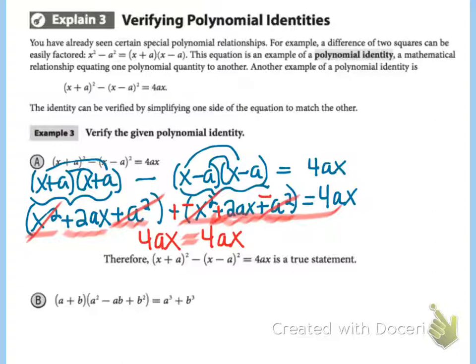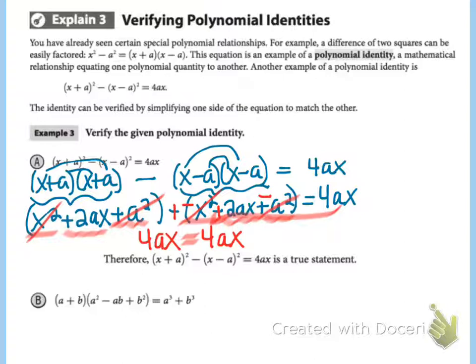So that would really constitute what's called an algebraic proof. We showed through algebra that, in fact, this is a true statement all the time. So therefore, x plus a squared minus x minus a squared will always equal 4 times ax.